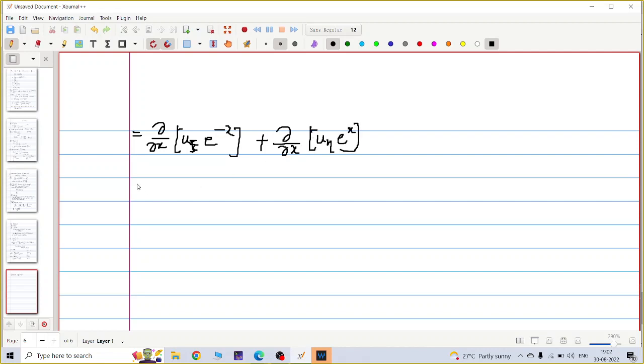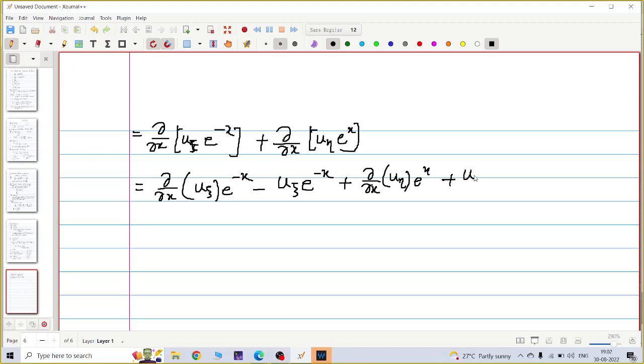Now I calculate both of these derivatives using the product formula, differentiation, nothing more. First I differentiate u_xi, then I differentiate e power minus x, then again u_eta. This line is okay.